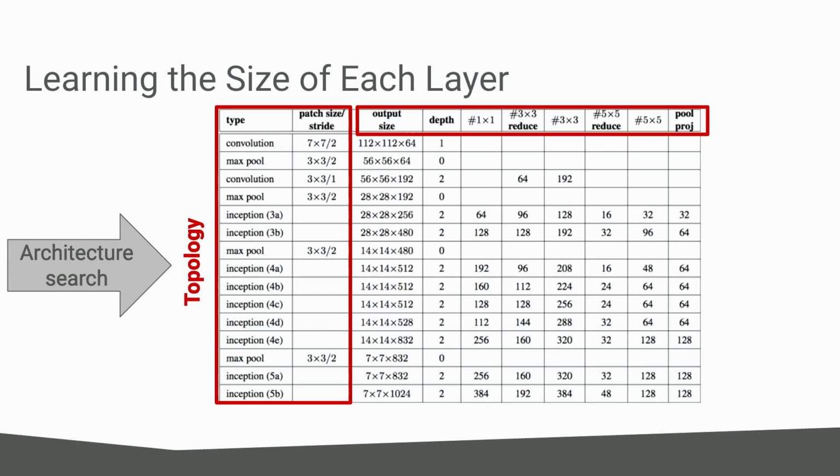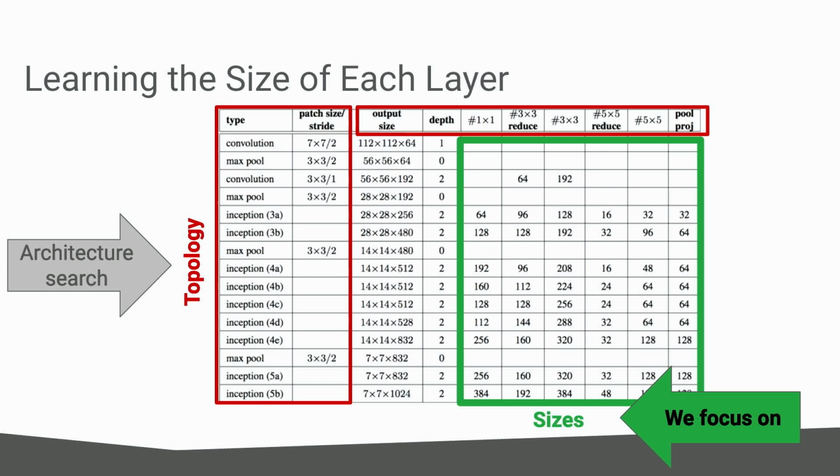I think of it as the topology, which means the connectivity between different operations and the exact type of operation, meaning whether it's a convolution, what size of convolution, or an average pool, and so on and so forth. What we will focus on, which is still a very big space and I would think interesting, is the number of filters or number of neurons within each of these elements.